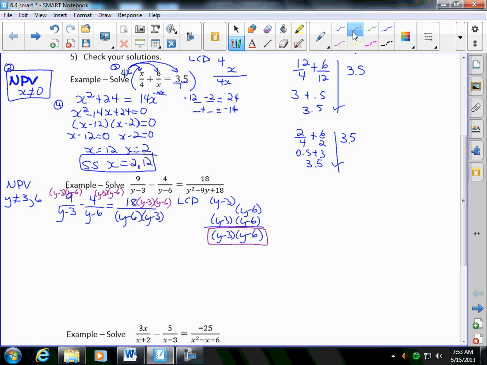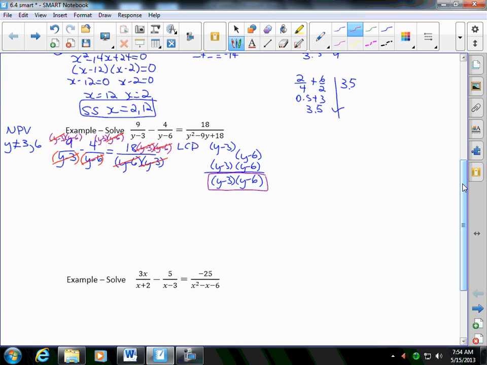So what happens then is here, my y minus 3 and my y minus 3 cancel. For the second one, my y minus 6 and my y minus 6 cancel. And for the right side of the equation, y minus 6 will cancel with y minus 6, y minus 3 with y minus 3.